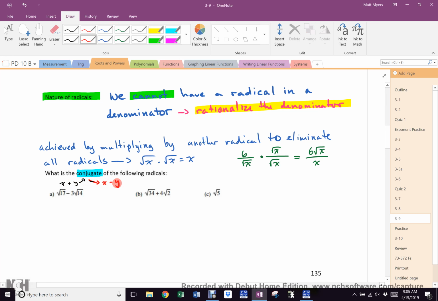All right? So, what is the conjugate here? Root 17 plus 3 root 14. What's the conjugate here? Root 34 minus 4 root 2. Conjugate there? Just root 5. Okay, I'm about to tell you why.